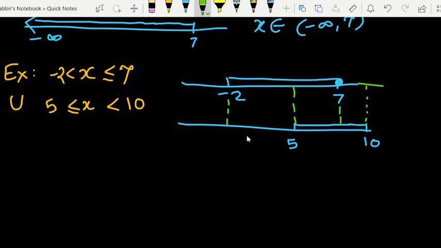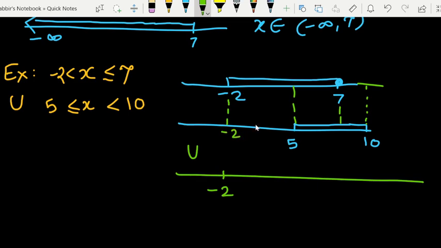As you can see here, from minus 2 to 5, minus 2 is not in the second one, so it won't be a part of their intersection. Although from minus 2 to 5 there is no x satisfying the second, definitely the first inequality has x.